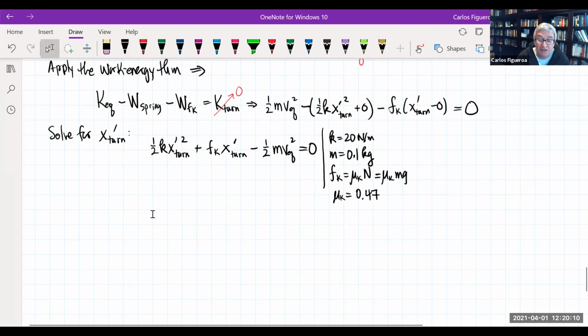So I know all of these constants. All I got to do is solve the quadratic equation. So if I solve the quadratic equation, check this out.